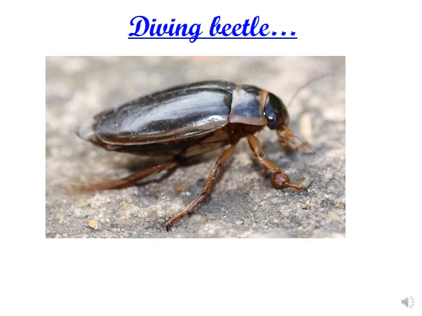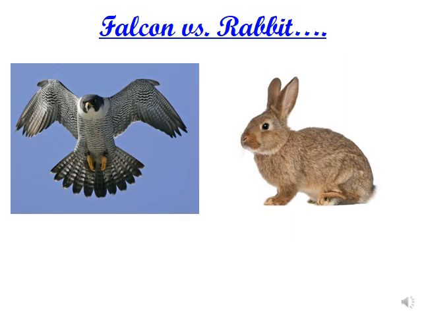So the diving beetle uses the legs to capture the prey, to catch it. While the falcon flies in order to move toward the rabbit and to catch it using the claws and the beak.